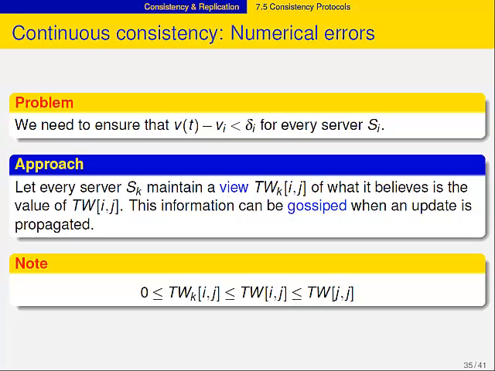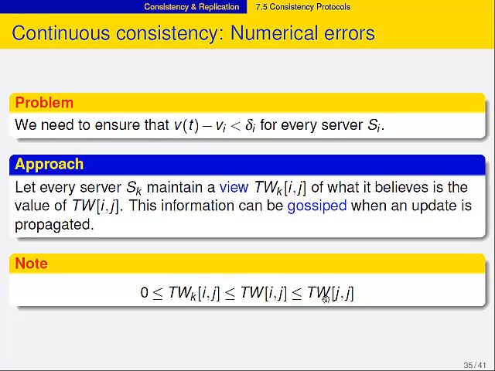I will repeat it in my words, but you're absolutely right. The view, what server S_K thinks about what happened at S_I, is always less accurate than what actually happened at S_I, which is definitely less than what really happened at the originating server.